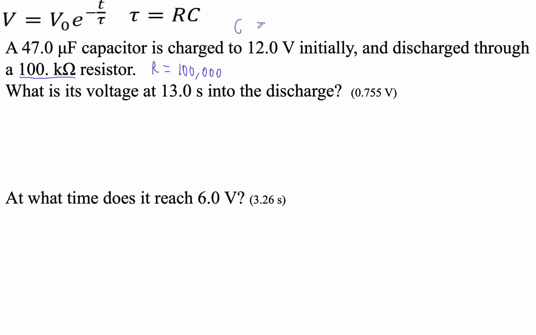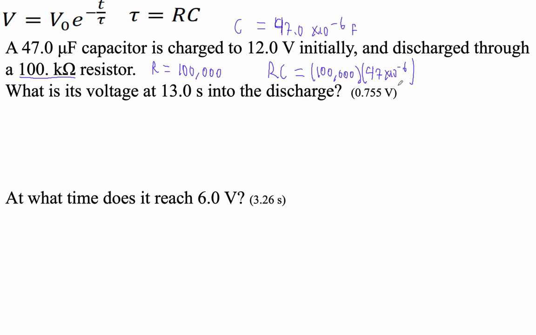The capacitance is equal to 47.0 times 10 to the minus 6th farads. So RC is equal to 100,000 times 47 times 10 to the minus 6.